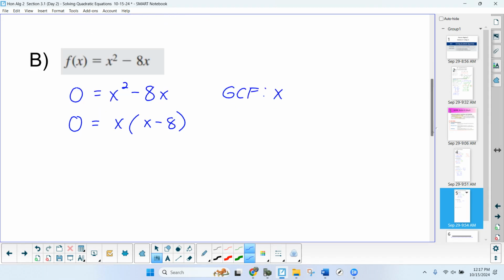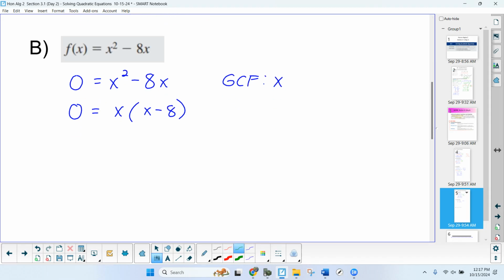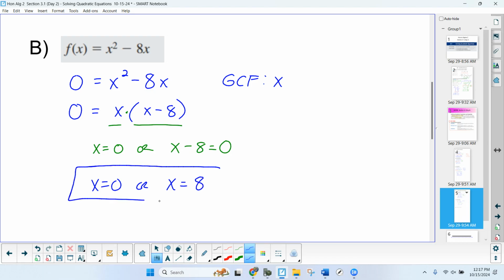Mm-hmm. Now set each factor equal to 0. You have this times this equal to 0. So you would tell me either x is 0 or, now many of you will just come down to the answer. You're going to tell me x is 0 or x is what? Done. But sometimes the 0 gets people.